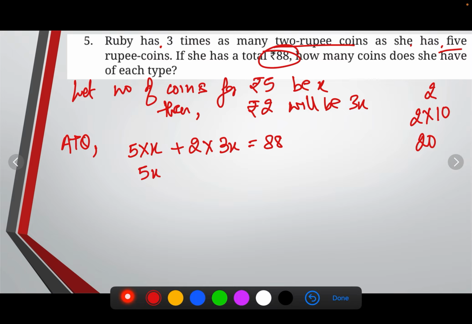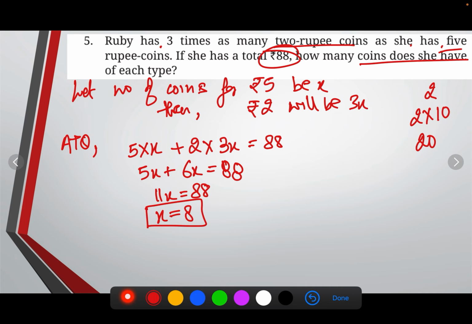So 5x plus 6x is equal to 88. 11x is 88, x is equal to 8. So what does the question say? How many does she have of each type? So rupee 5, 8 coins. Rupee 2, 3 into 8, 24 coins.